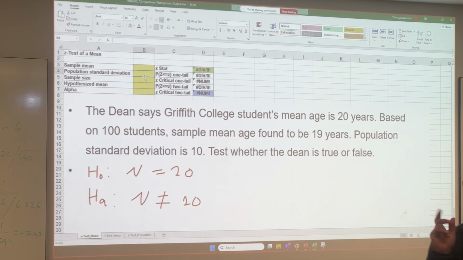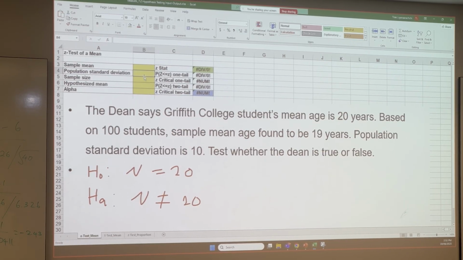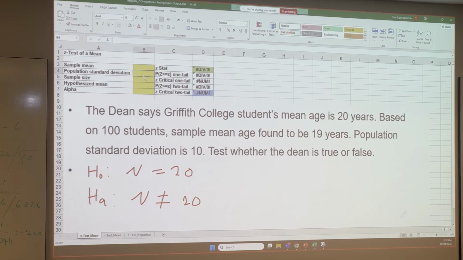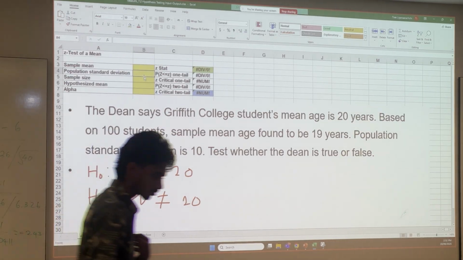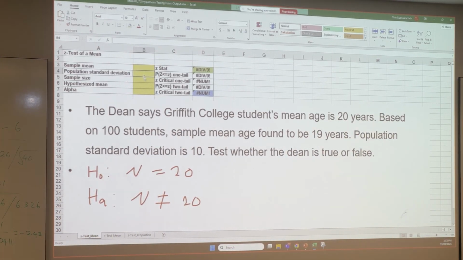Did you get it? How much? -1? Okay. Anyone got -1? Okay. So if you got -1, what is your conclusion? Do you reject the null or not? Don't reject? Yeah, that's right. Very good.